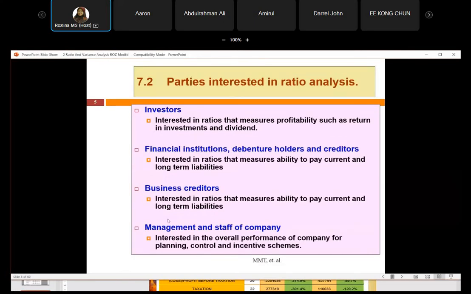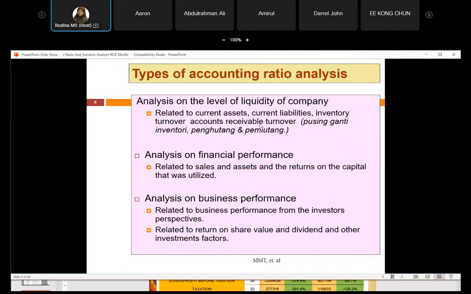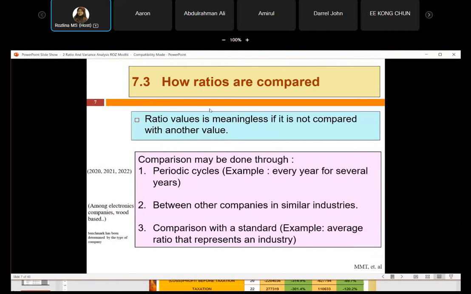I have mentioned before in our class who is interested in the ratio. And then we have some types of accounting ratio. The ratio value is meaningless if it is not compared with another value. Normally we compare the value based on the period, let's say 2020, 21 and 22, so you have 3 periods for comparison.